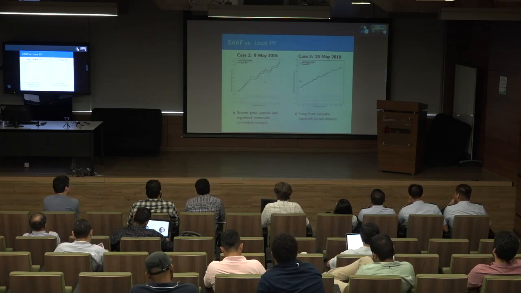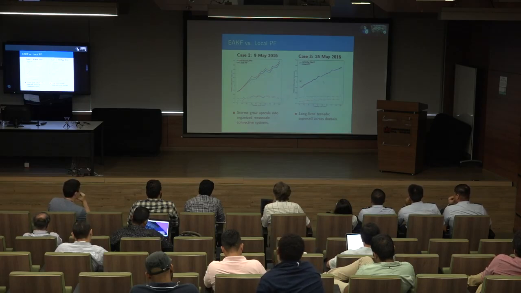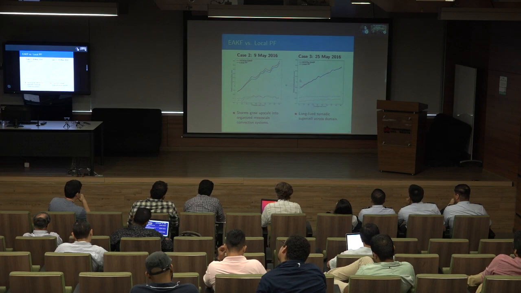And so on the left, I'm showing the same verification for the ENKF and the local particle filter, and it's nice that I could at least get some improvement for the particle filter for this case, and the results are similar for the single cell case. We only applied these methods for 3 cases so far.